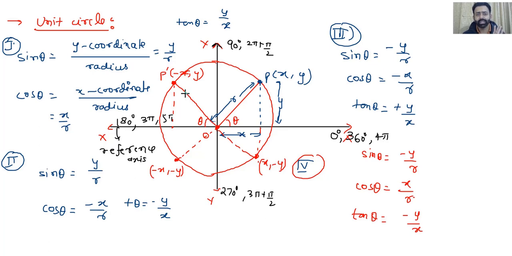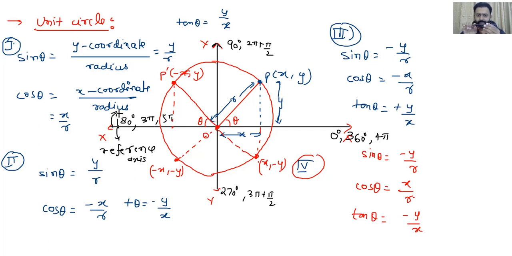Please remember that the reference axis we will take is this horizontal axis, right? If you have to go to the second quadrant, you will take 180 minus theta. Suppose this is your horizontal axis and this is the second quadrant, so I have to get to 180 and subtract some angle, so 180 minus theta. If I have to go to the third quadrant, then I will go 180 plus theta.